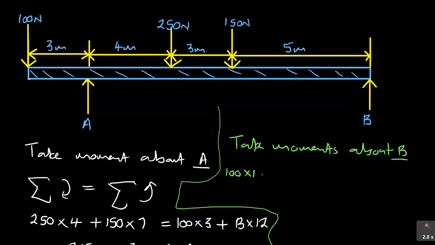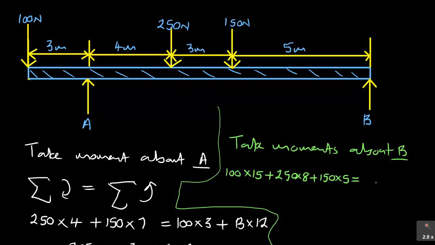Remember, the 100 newtons is at the far end, so it's 100 times 15 plus, you look at the 250. What is the 250 from B? So you see 250 is 3 plus 5, which is 8 meters from B. So we're going to say 250 times 8, and then plus the 150 is 5 meters away.